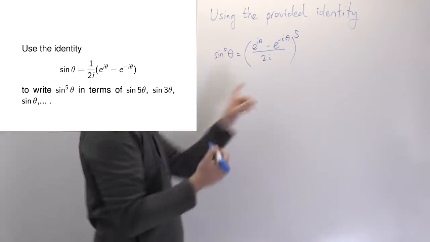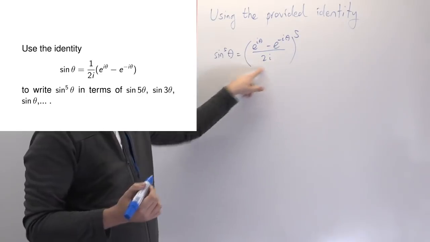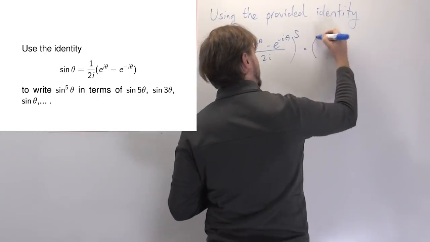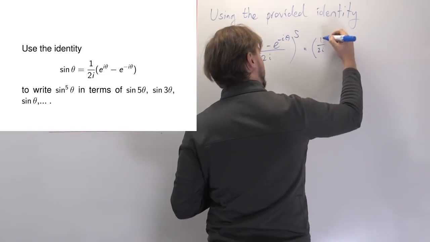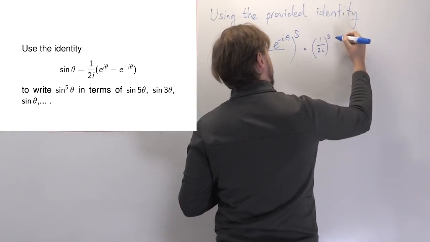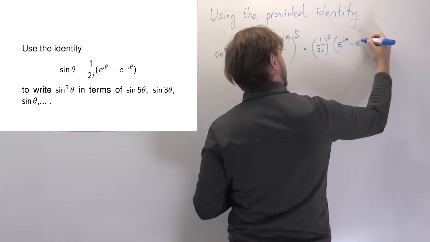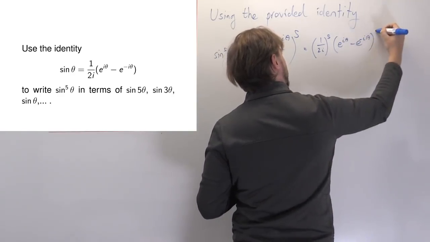Now, to make my life a little bit easier, I'm going to pull out the 2i to the fifth power. So this becomes 1 over 2i to the fifth power, and then e to the i theta minus e to the minus i theta, to the 5.